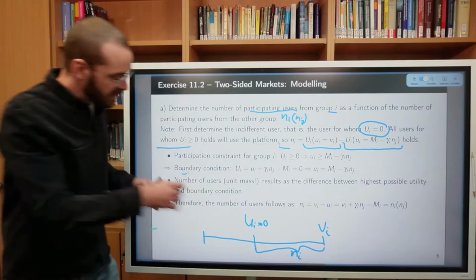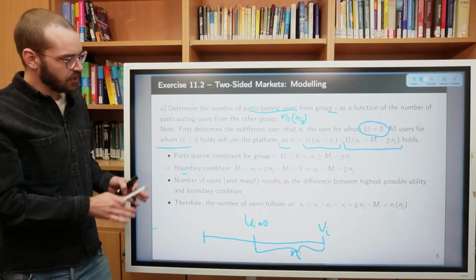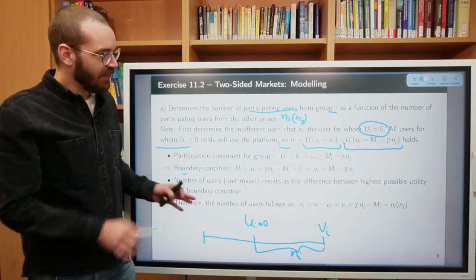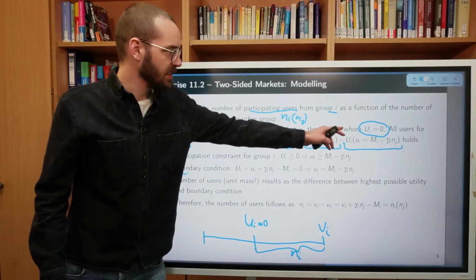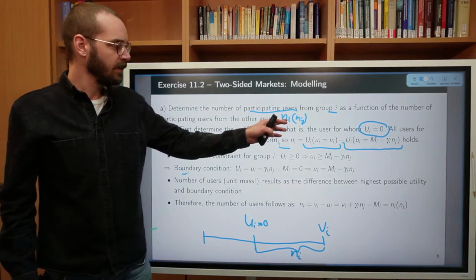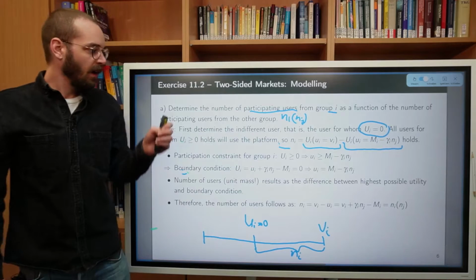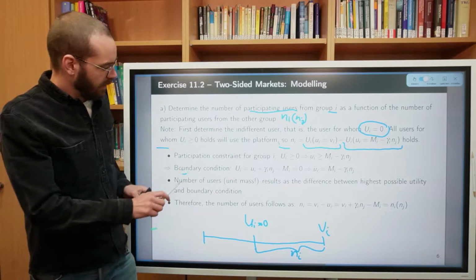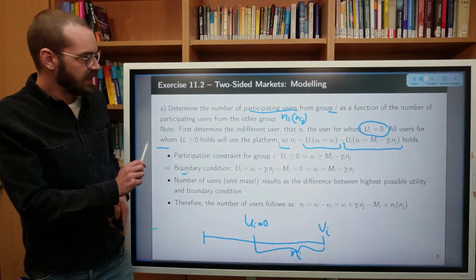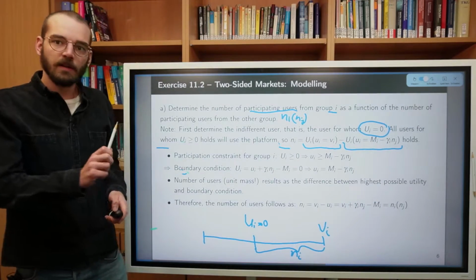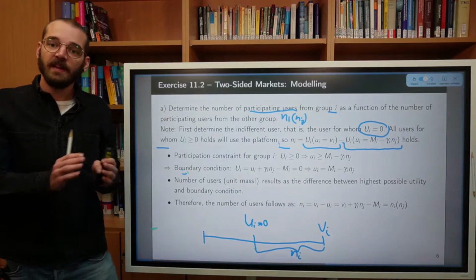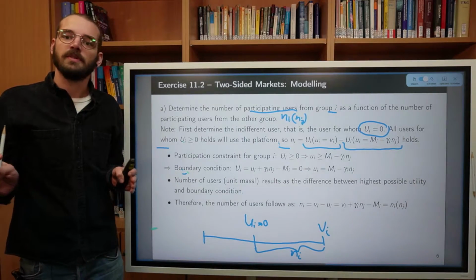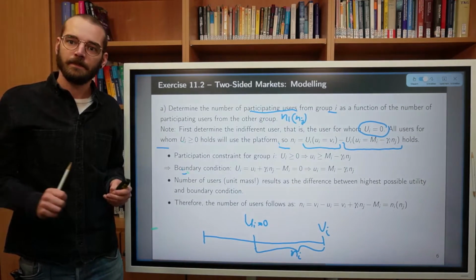So this of course is only true because we know first that there is a unit mass of users from each group, and second because we know that this intrinsic utility lower UI is uniformly distributed between 0 and Vi.